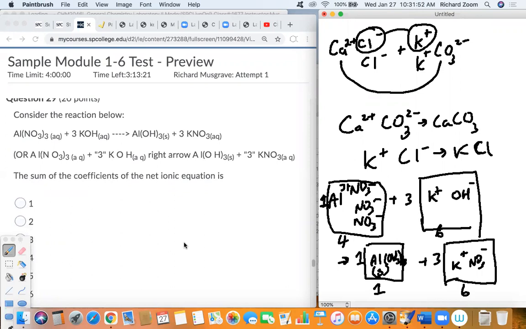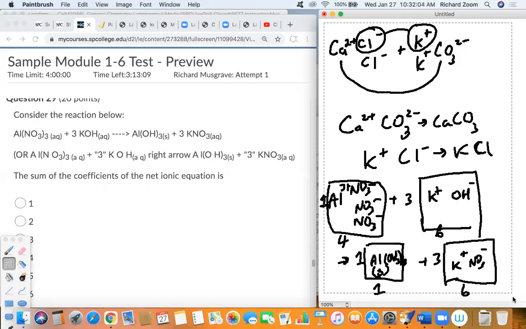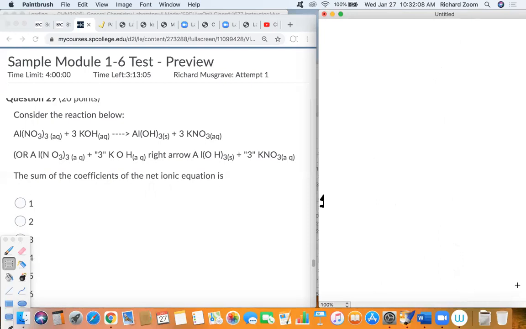Okay, by coincidence, this one's looking for the net ionic for the same thing, but I'm going to show you this one from scratch. Often you won't get the same one, but you did this time. For the net, I would concentrate on the solid, which is Al(OH)3, and ask myself, how would I form that?